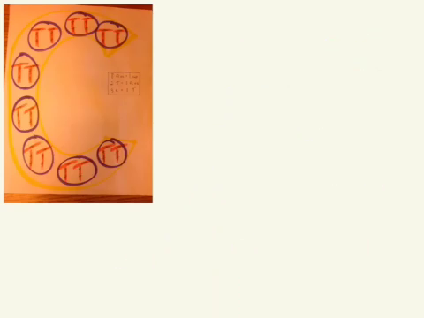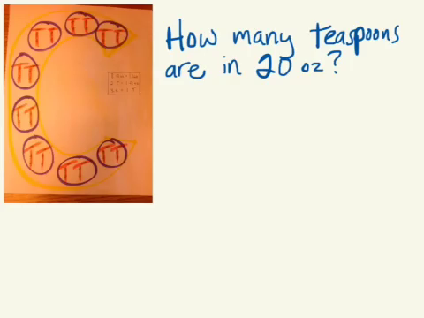You're going to want to take out your big C, cups, ounces, tablespoons, and teaspoons for this one. How many teaspoons, the little t teaspoons, are in 20 ounces? Okay, well, it might help to zoom in on one of these O's for ounces.